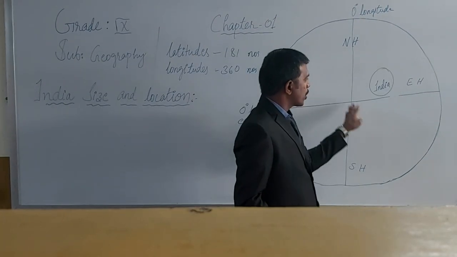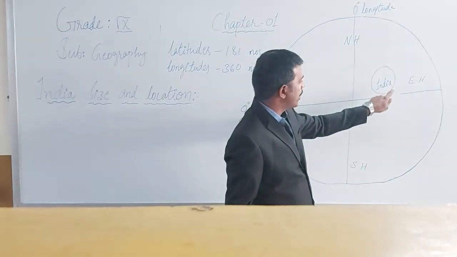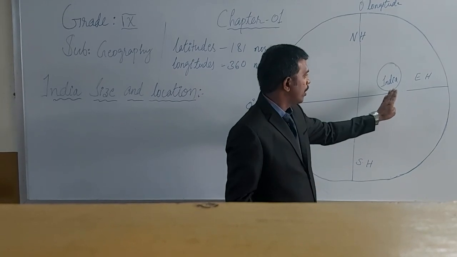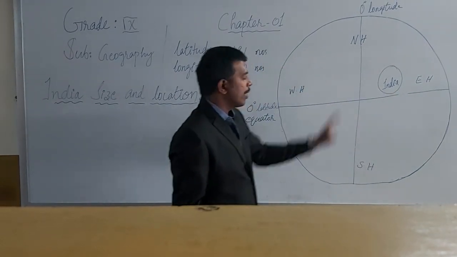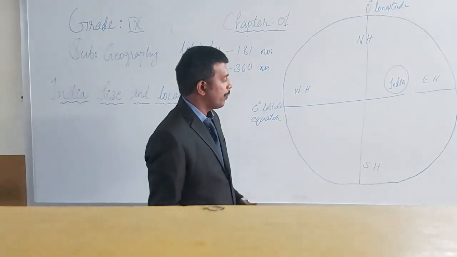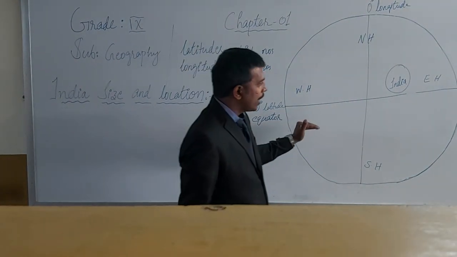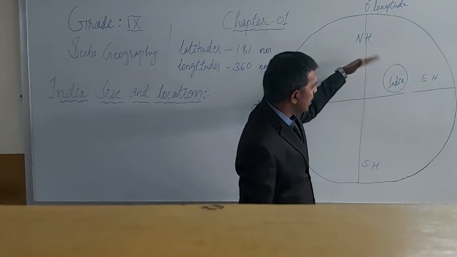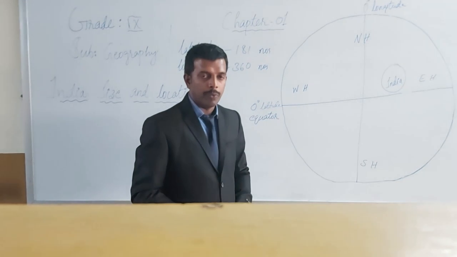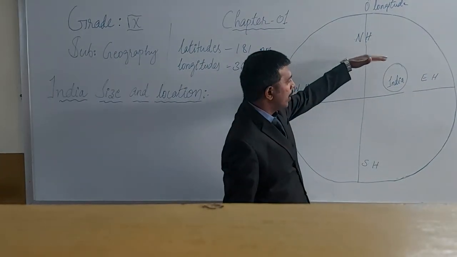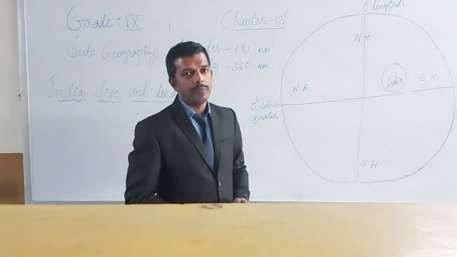So we have approximately located the Indian subcontinent here on the globe. As a first point, now we can say the location of India. India is located in the northern hemisphere. As a first point, we can say India is entirely located in the northern hemisphere.